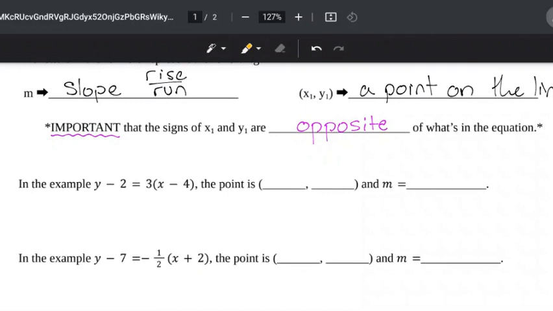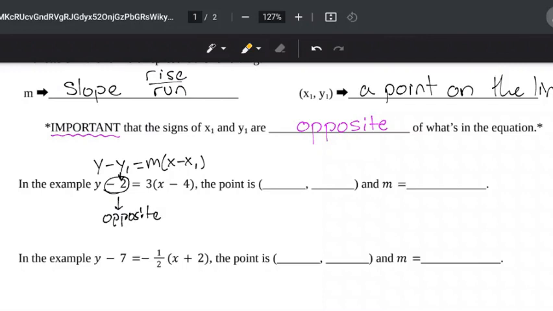In this example, y minus 2 equals 3 parenthesis x minus 4. We have, if we follow our form, y minus y1 equals m times x minus x1. So our y1 is 2, but it's the opposite of negative 2. So we need to make sure opposite.